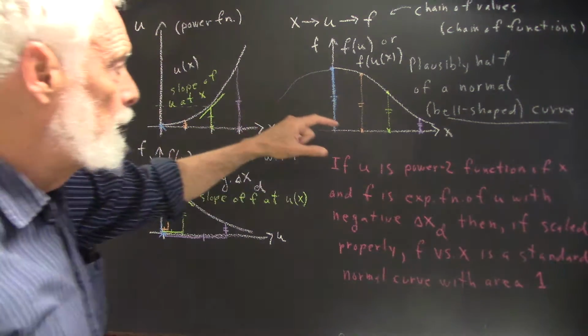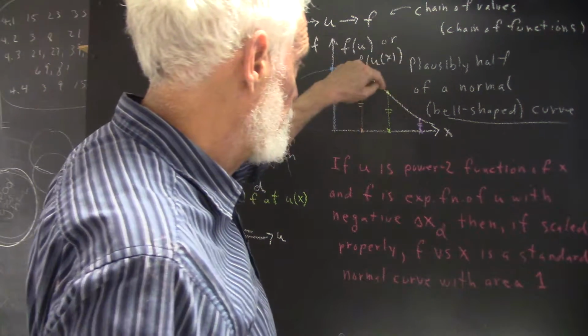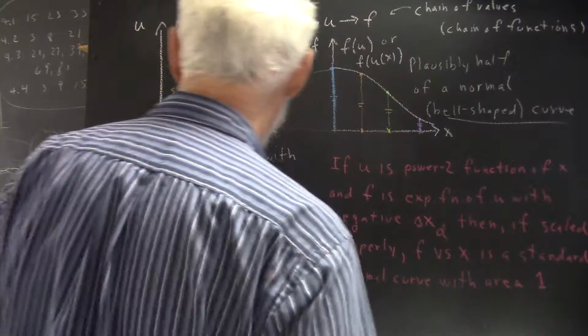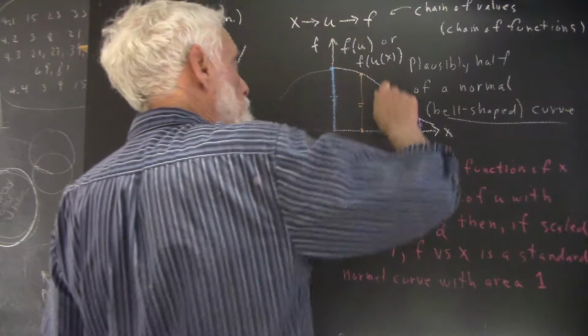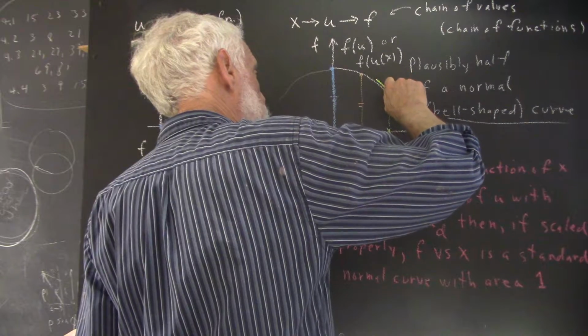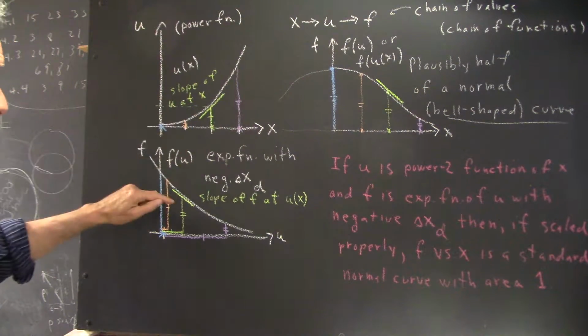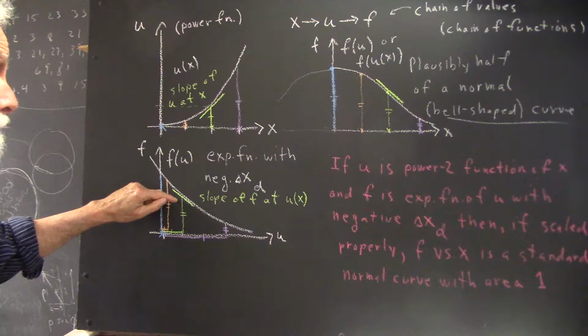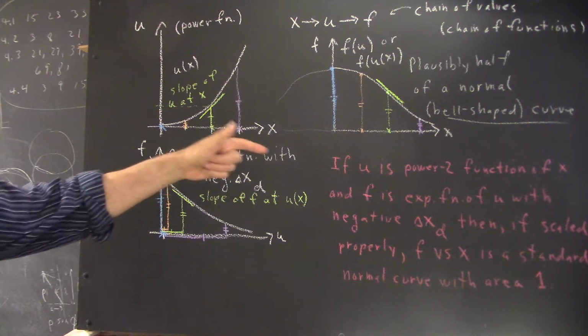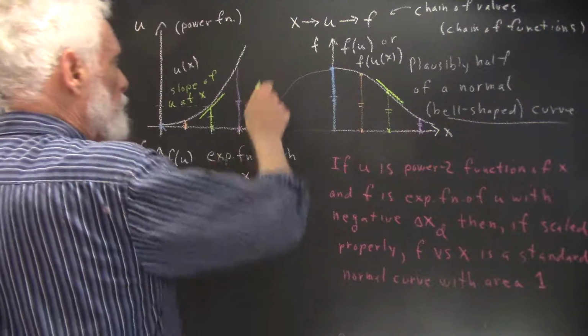And the slope of f of u of x here is just this slope times this slope. Now I don't have a good place to label that, but I can probably do it here.